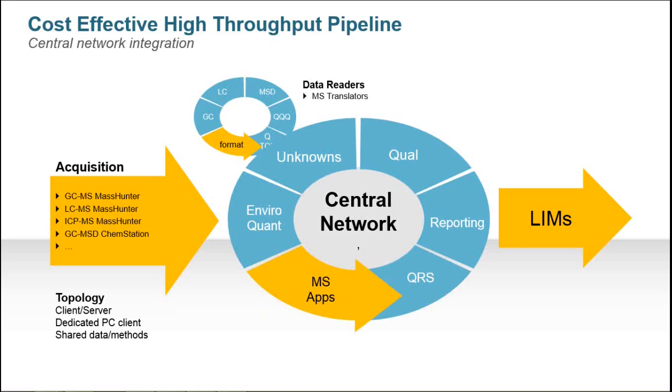And once the data is up in the shared location, the analyst would work from there. So Mass Hunter does support the formats from the GCMSD, of course, and some others like the Varian formats. Again, let me make that caveat clear, Agilent does not support the wide range of multi-vendor formats that Target Throughput did. I want to make sure I've said that. Does that answer your question, Greg?